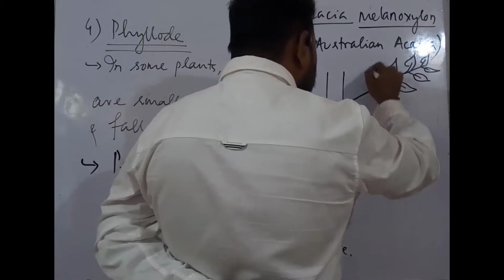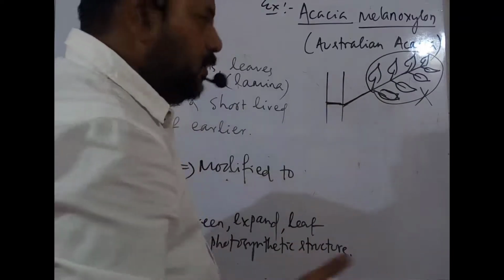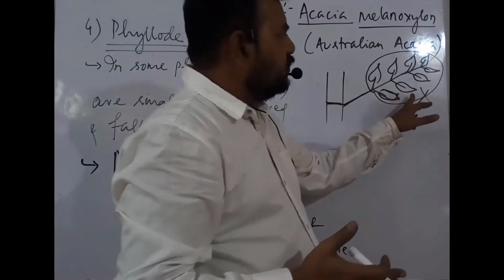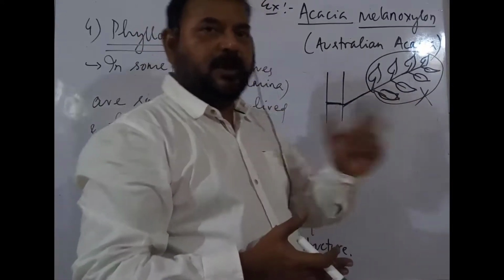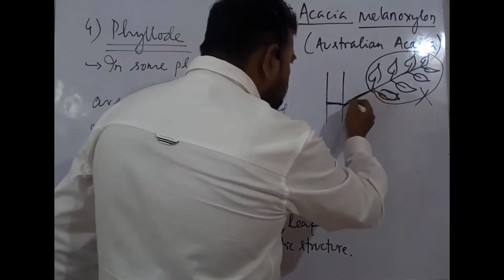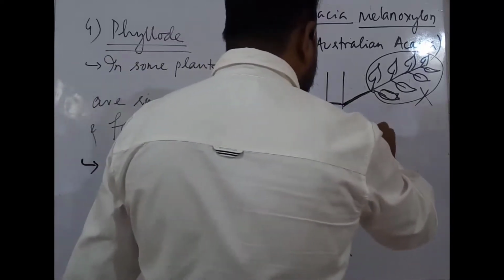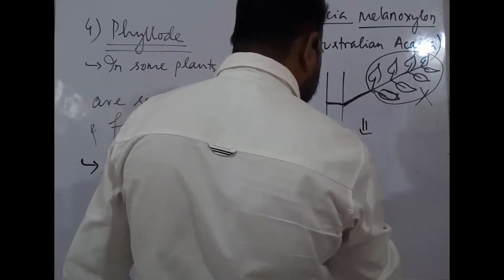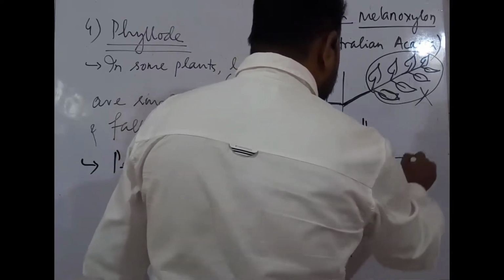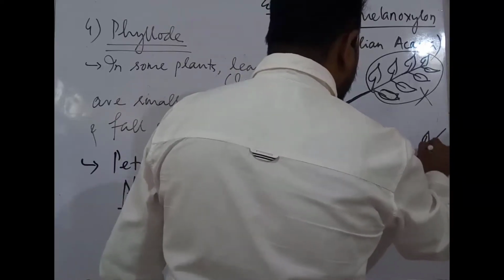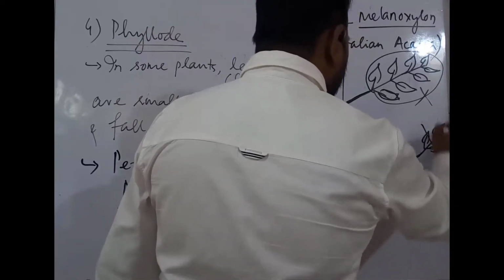When this lamina falls off, there is no structure for photosynthesis, because this lamina will fall off very soon. So this petiole becomes an expanded green leaf-like structure. This petiole becomes expanded as the leaf falls off.